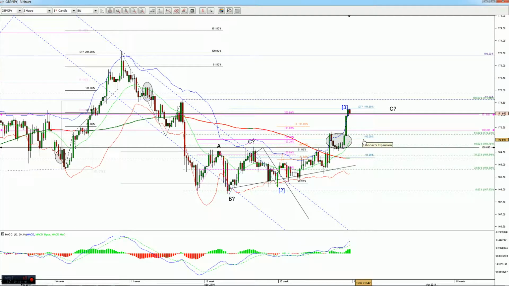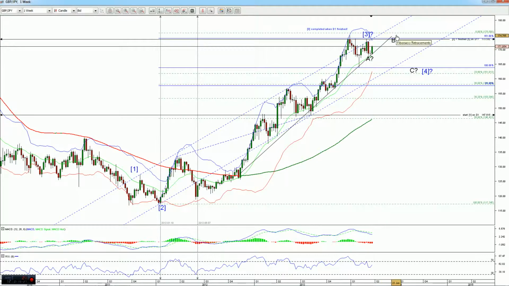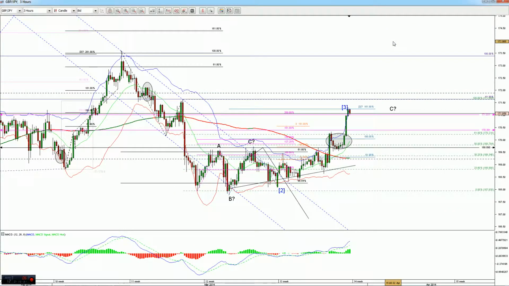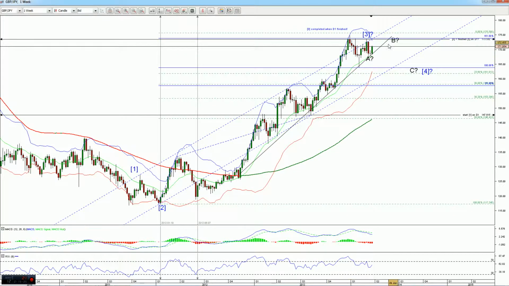There will be a fourth and a 5 to the upside, maybe a correction and another 5 to the upside, and we will have the B wave as a zigzag structure. Then I'm expecting another move to the downside for a C wave. So this is pretty much the most important stuff for this currency pair.